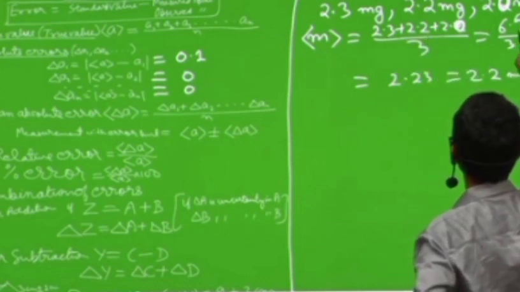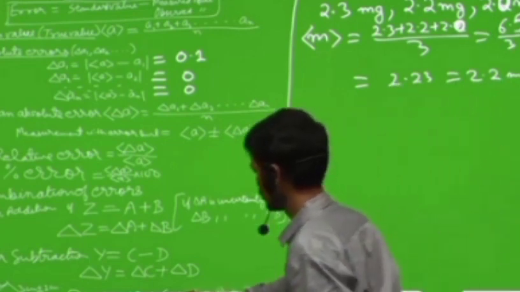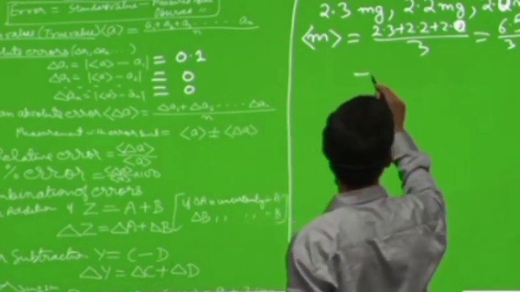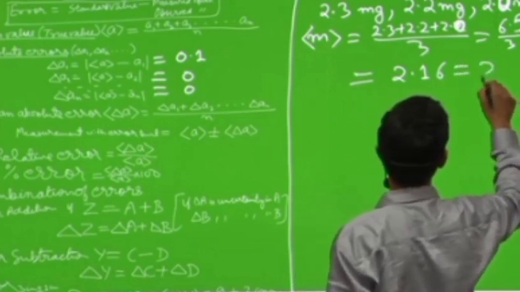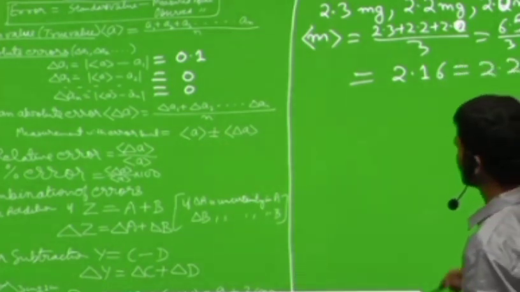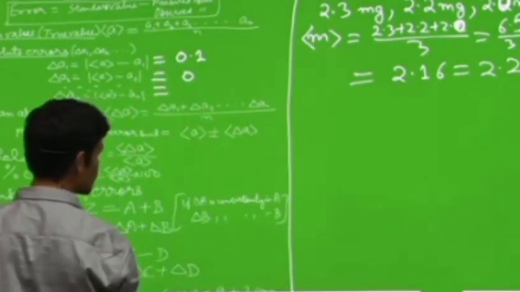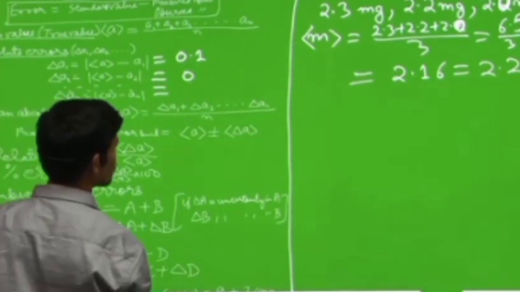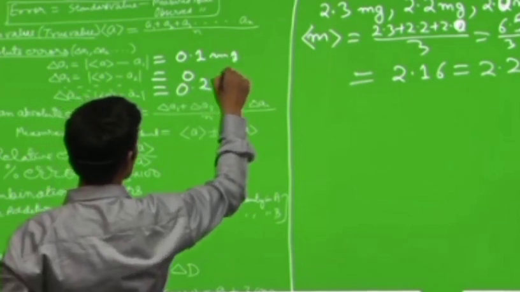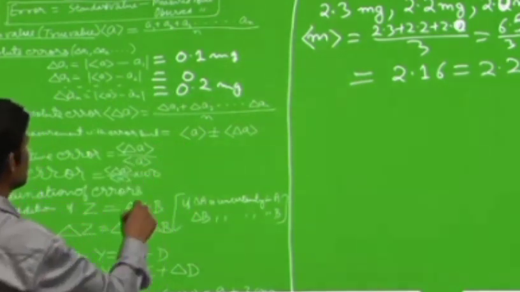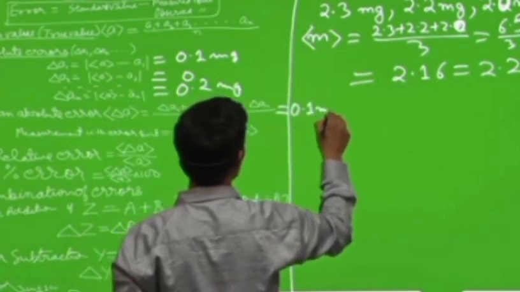So it is going to be 6.5, and oh, still it is 2.2 because of rounding off. But now a few things will change, like the last one will be 0.2, and the mean absolute error will be, add them, 0.3 divided by 3, which is 0.1 milligram.